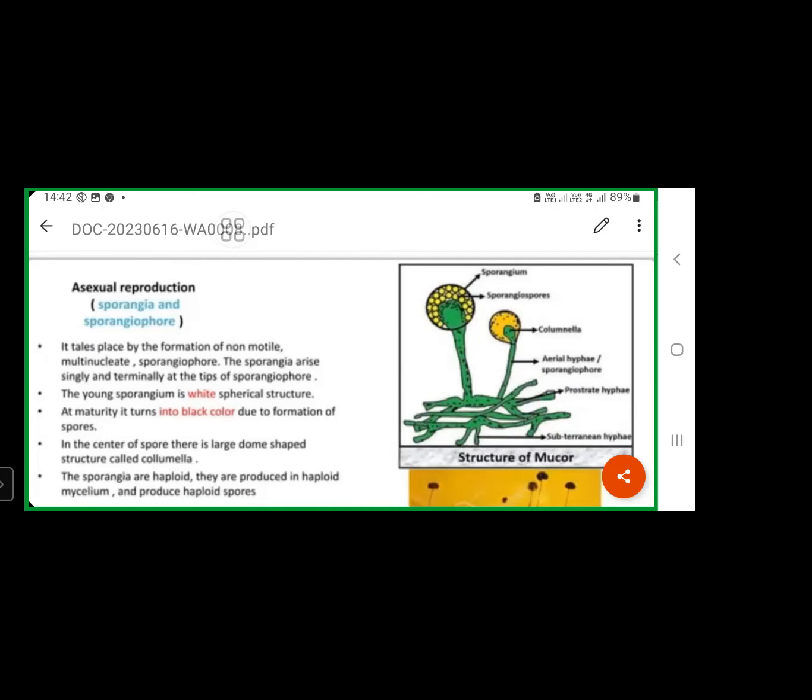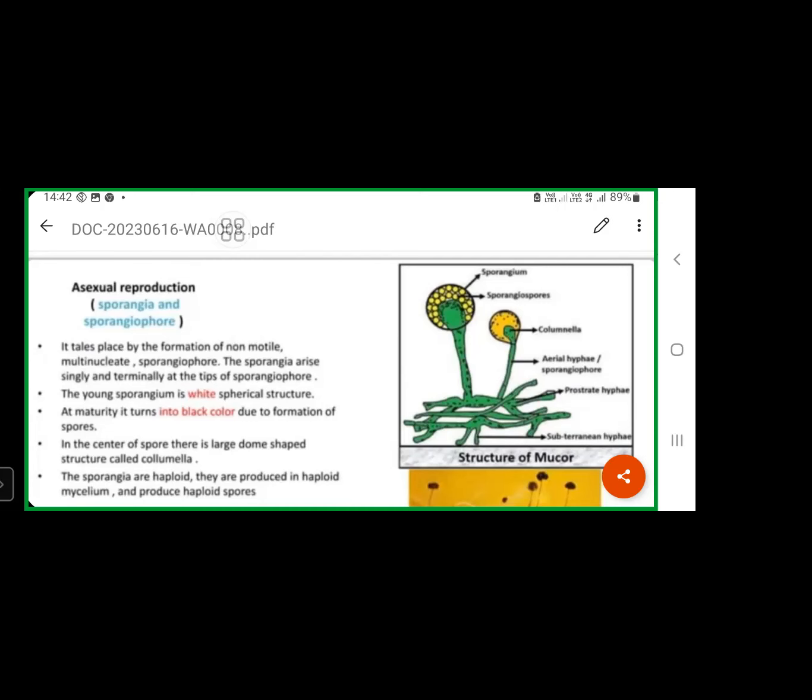Later, the contents present in this sporangium are differentiated into two regions. One is the peripheral region and another one is the central region. The cell contents are distributed unequally to the peripheral region as well as the central region of this sporangium.